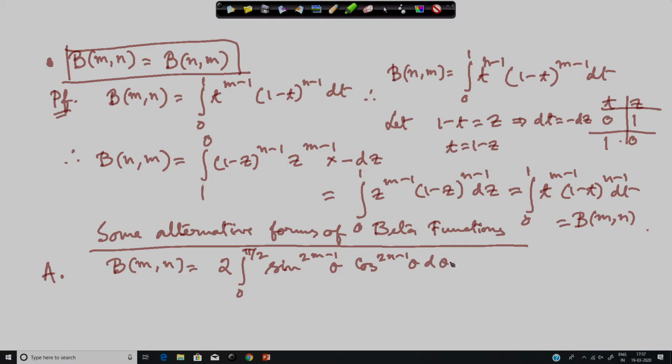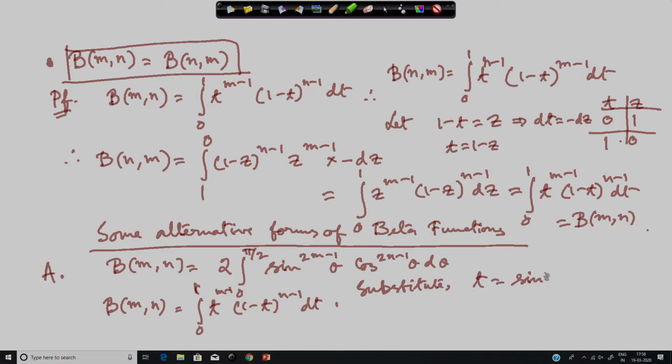Now how to prove it? What is the original form of beta m n? The integral from 0 to 1 of t to the power m minus 1 times (1 minus t) to the power n minus 1 dt. Let us substitute, again you have to substitute t equal to sine square theta.